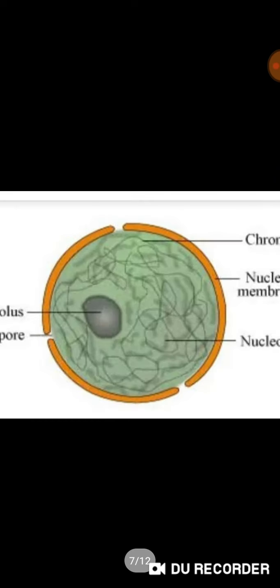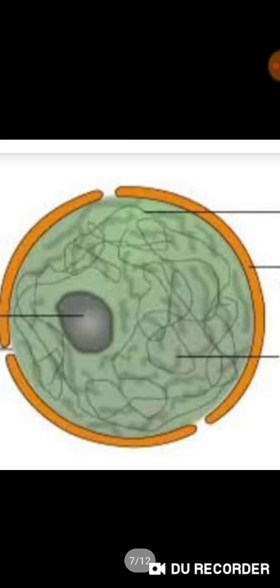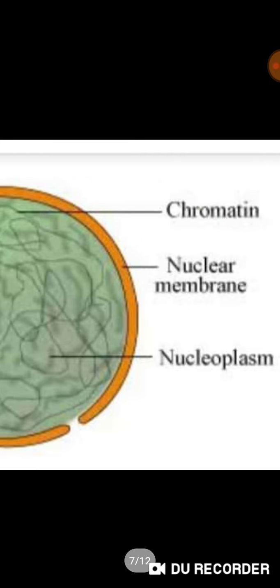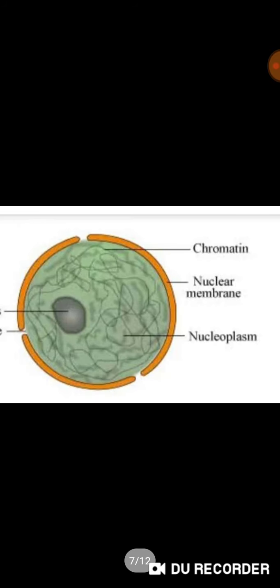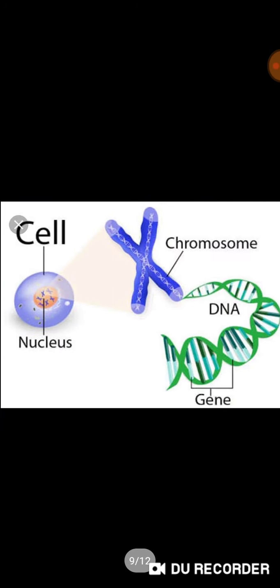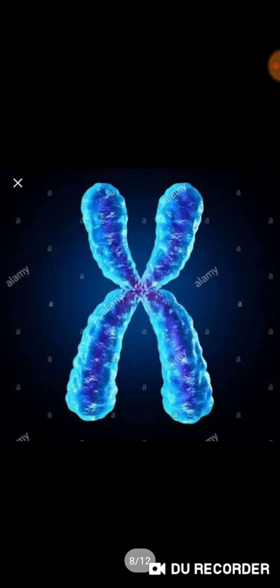You can see here inside the nucleus there are thread-like structures. All these thread-like structures are called chromatin, and this chromatin organizes itself into rod-like structures which are called chromosomes. Human beings have 46 chromosomes in each cell, and the chromosome contains DNA.